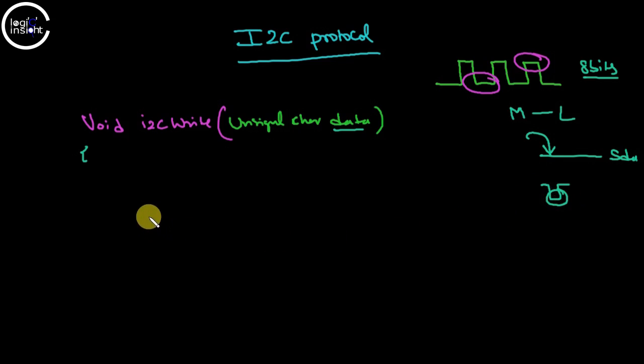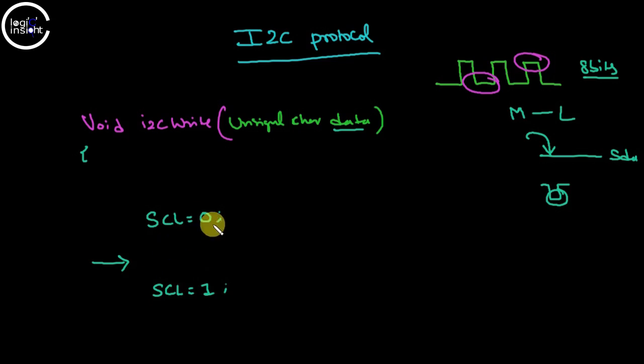So I'll make the clock 0, and then I can put the data here. We'll see how to put the data, and after that I have to make the clock high to take the data. So after making the clock 0 I'll put the data, and then I'll make the clock 1 to take the data.